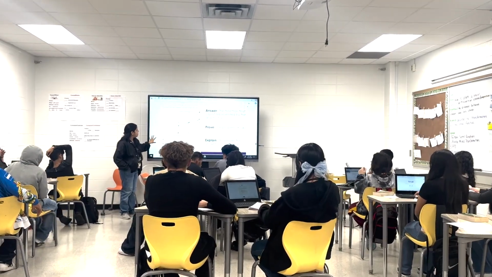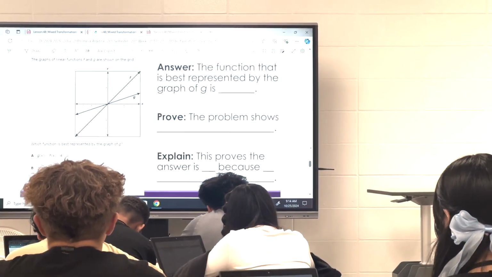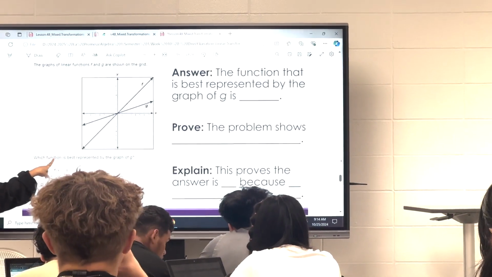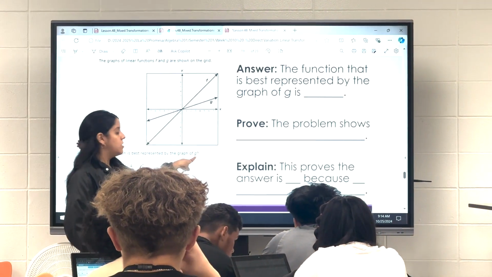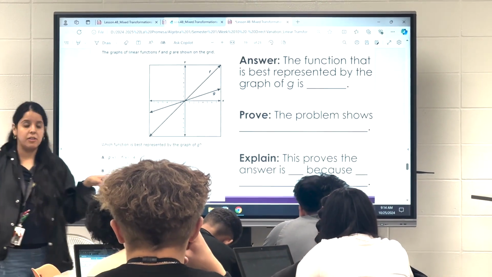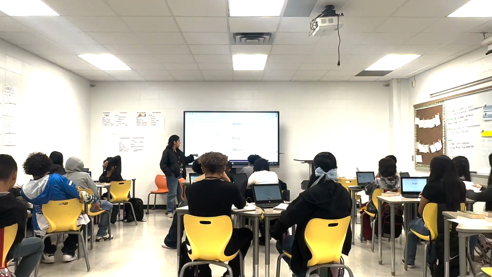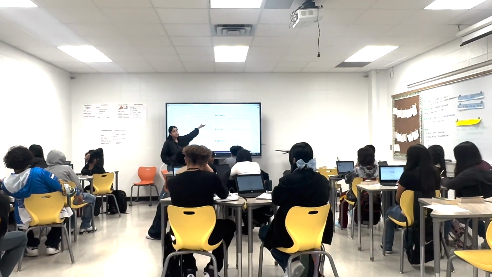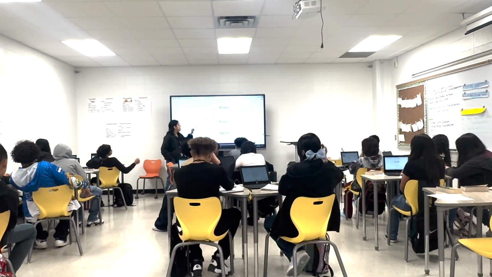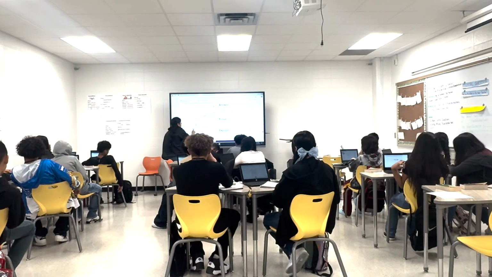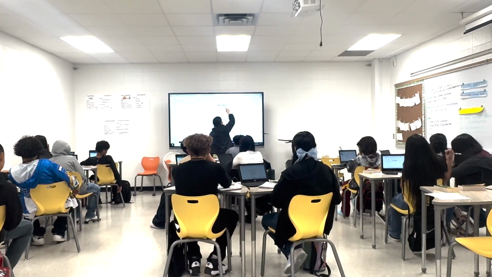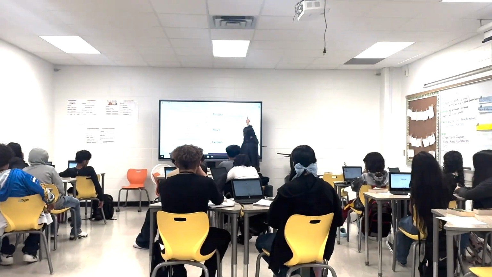Este es un ejemplo de STAR test. It says, which function is best represented by the graph of G? So me están pidiendo the equation for the line of G. Okay? So we're going to take this and we're going to use it for our answer. ¿Sí ven que copié lo mismo?